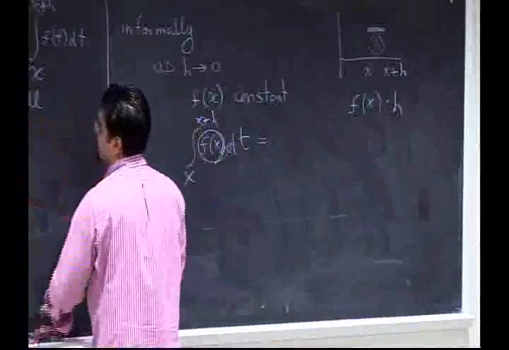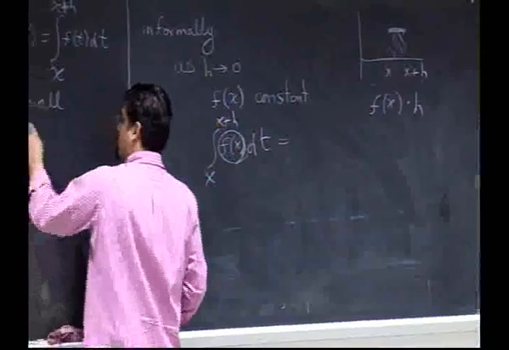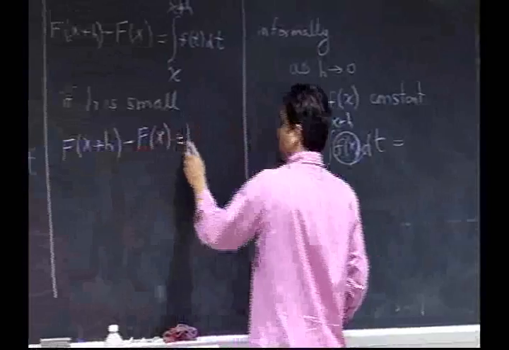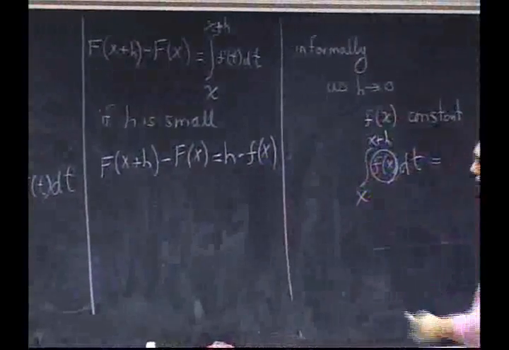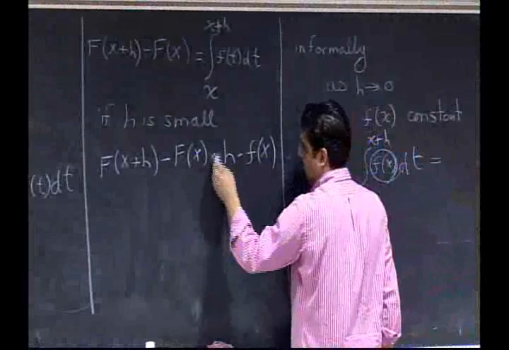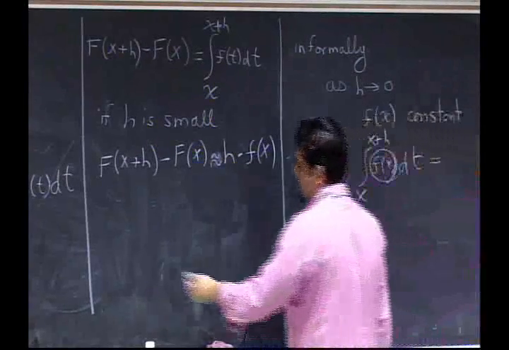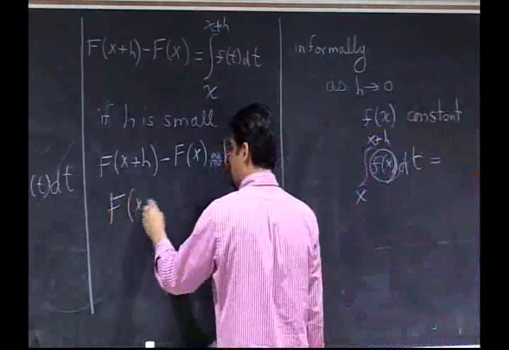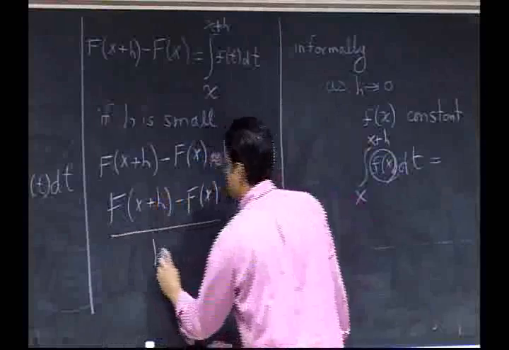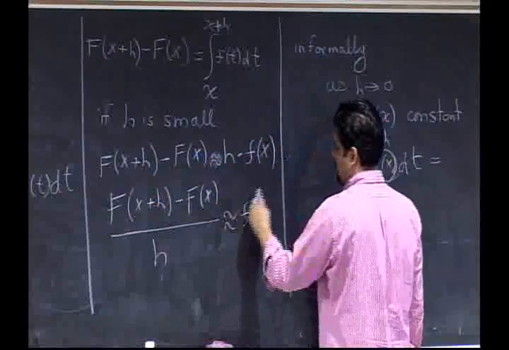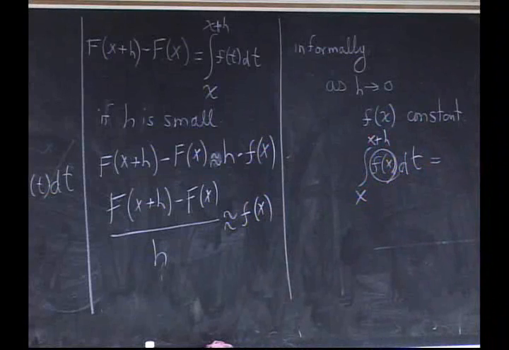So going back here, I could say approximately that, and if I divide by h on both sides, this is approximately f of x. Does that make sense?